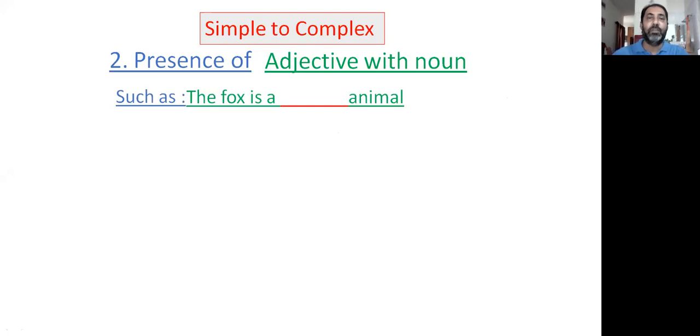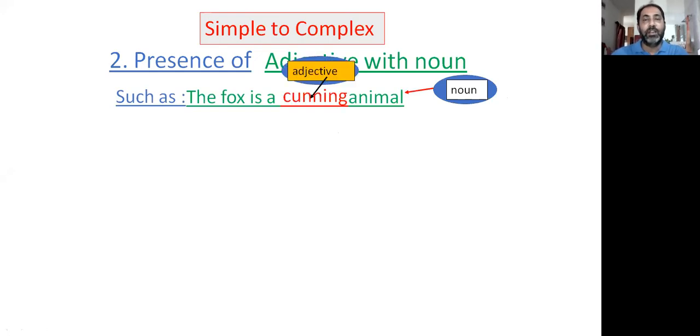The fox is a dash animal. The animal is the noun. And in the gap, you will see cunning. This is the adjective. I am going to use this adjective to make a subordinate clause.